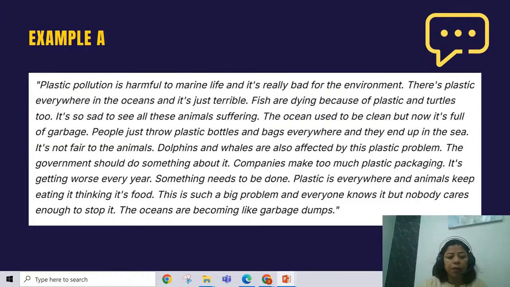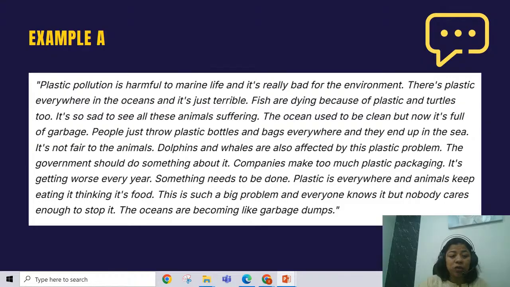The first paragraph, example A, talks about plastic pollution. Plastic pollution is harmful to marine life and it's really bad for the environment. There's plastic everywhere in the oceans. It's just terrible. Fish are dying because of the plastic and turtles too.